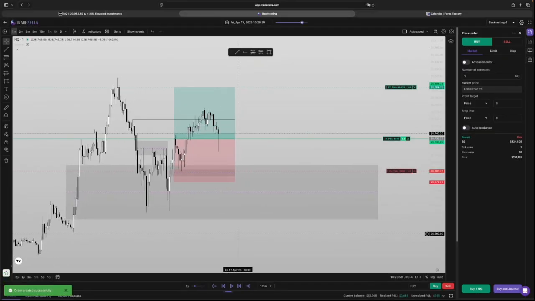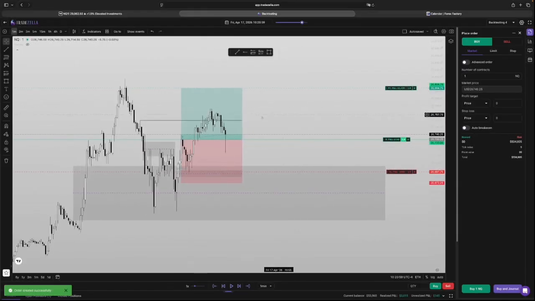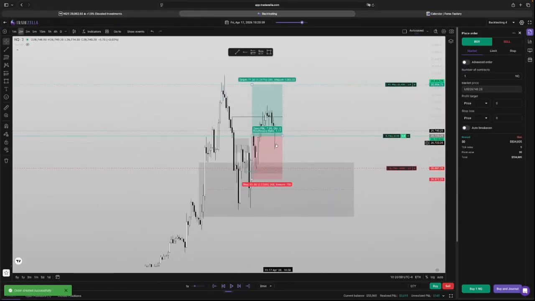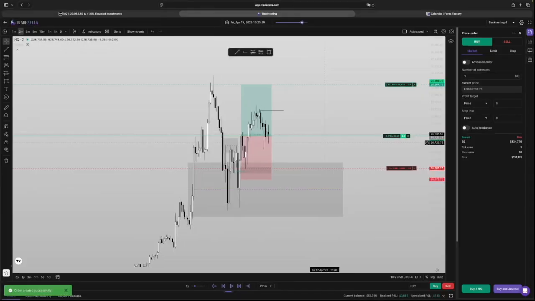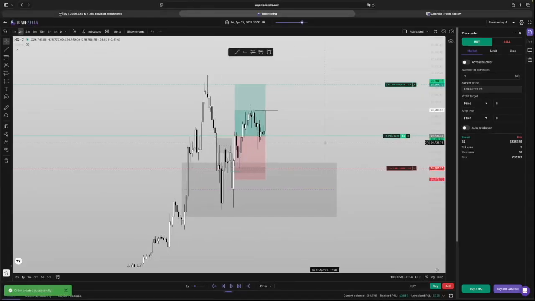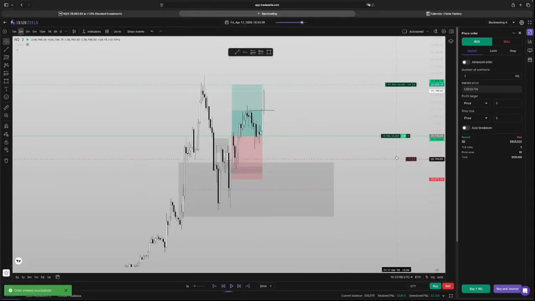Really choppy markets. This for value gap. Let me see the 2 minute. Respecting this. I would move my stops to this low after that. Okay, stops to this low right here.